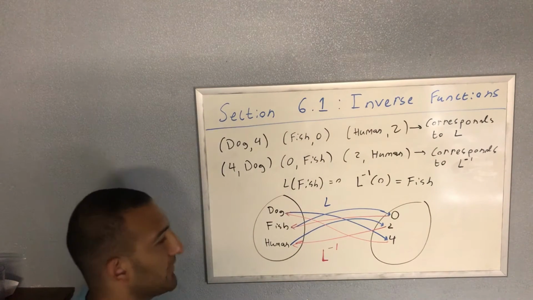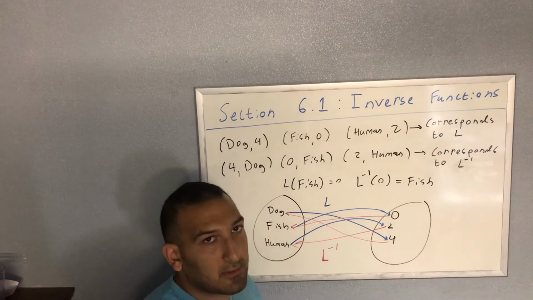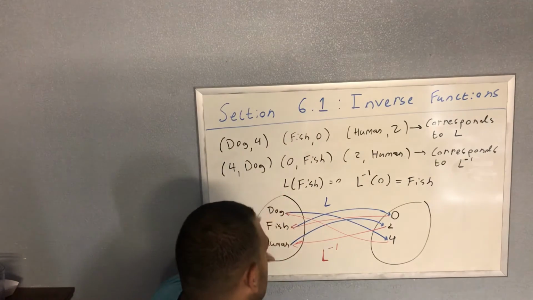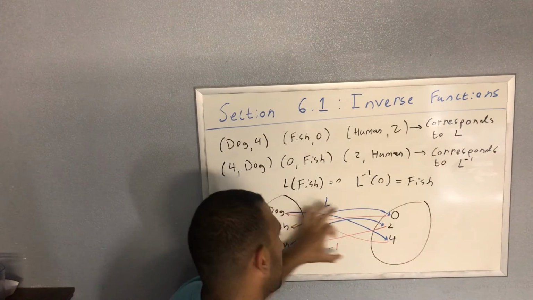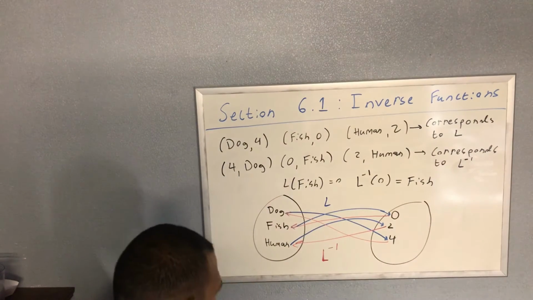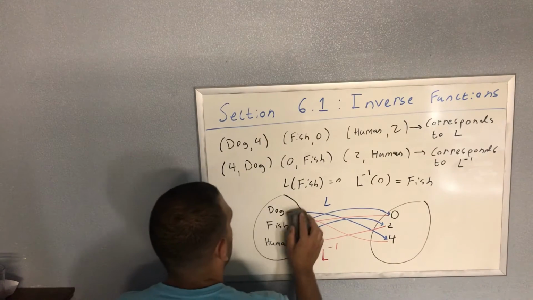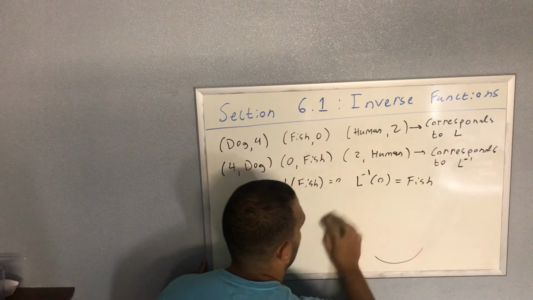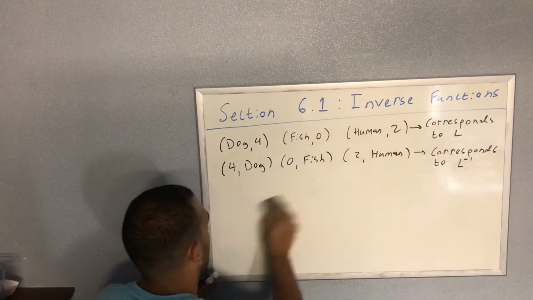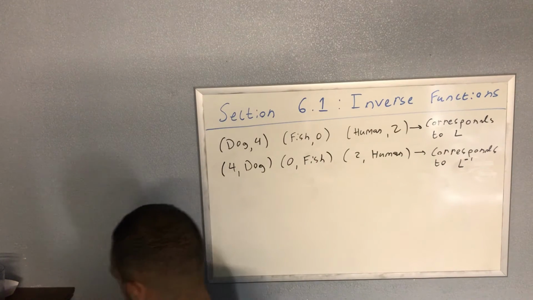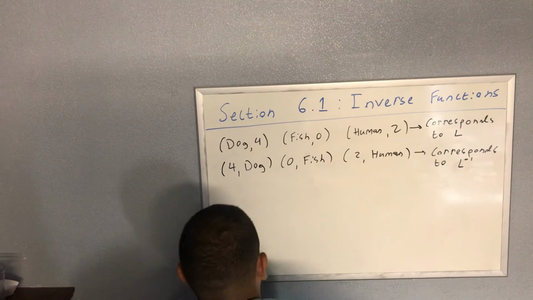Okay, so the inverse function lets you, in a sense, recover information. If you went from one set of things to the other, this lets you go back to the previous set. Now, there's another thing that you may have noticed, a very important property.